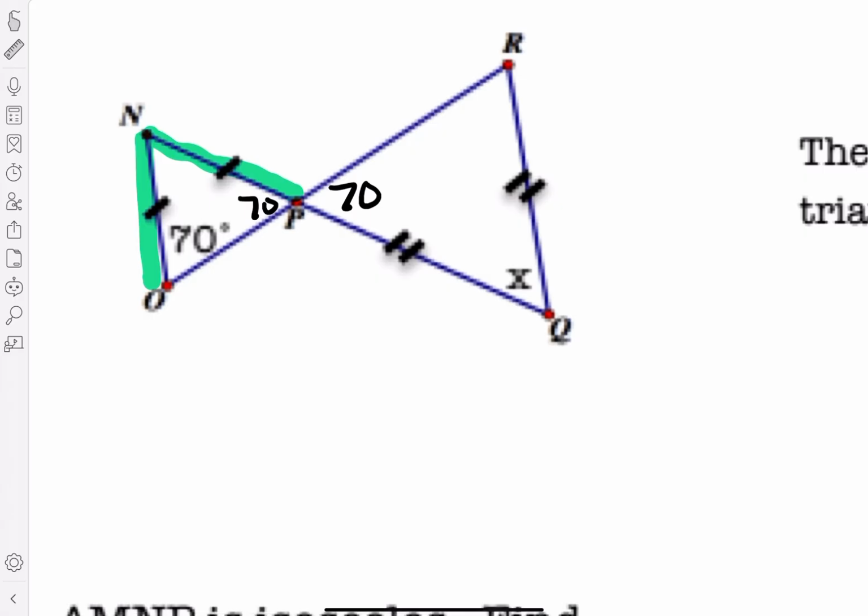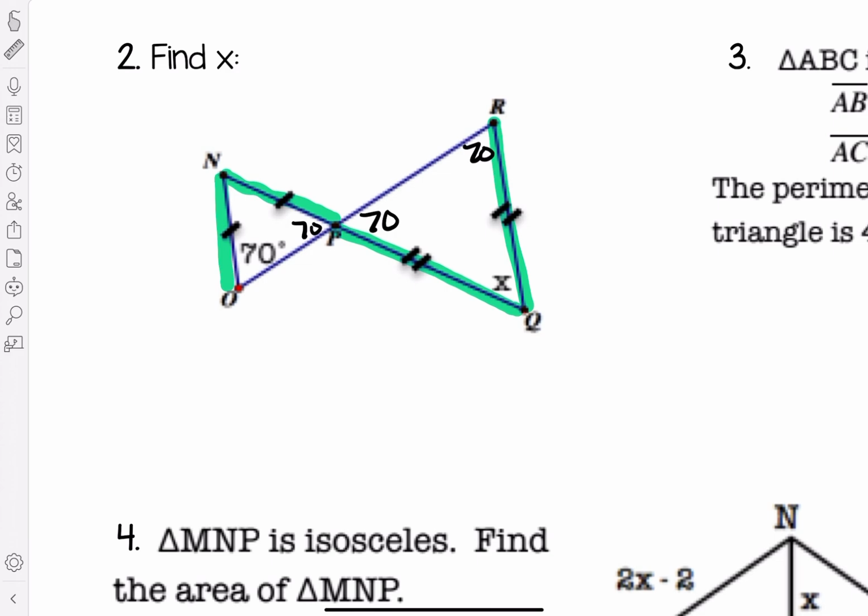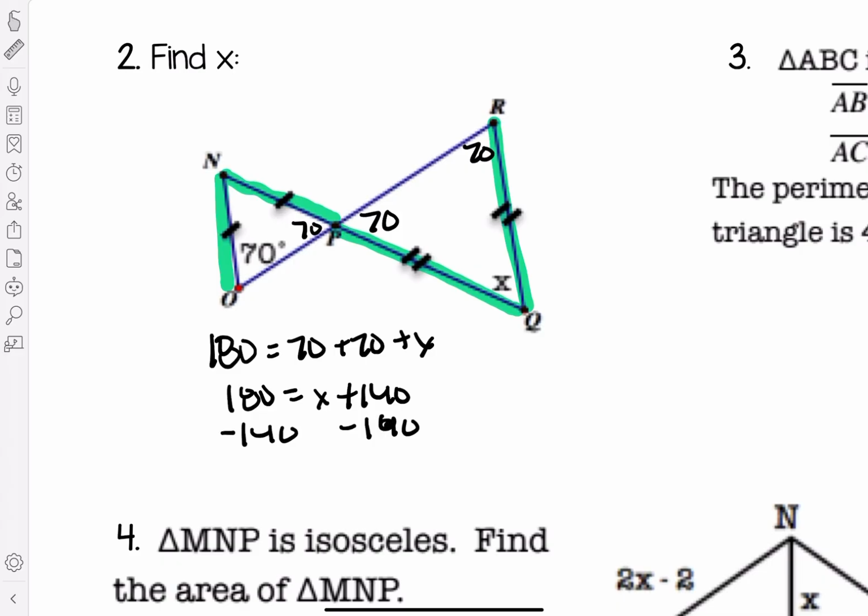Now again, I see that I have sides that are the same length because this guy is the same as this guy. That means this one's across, that's 70. So across from here, this is 70. So to find out x, I would go 180 equals 70 plus x, which means 180 equals x plus 140. Subtract 140 from both sides, and I get 40 equals x.